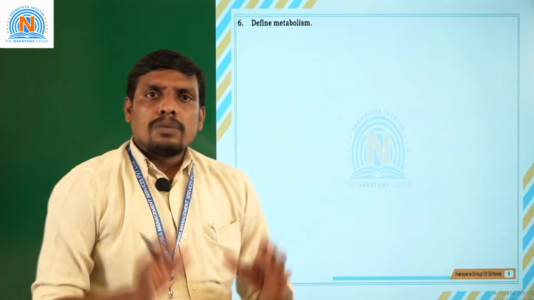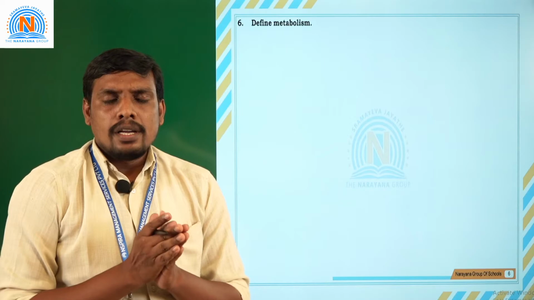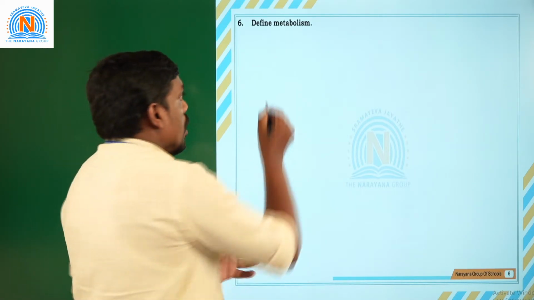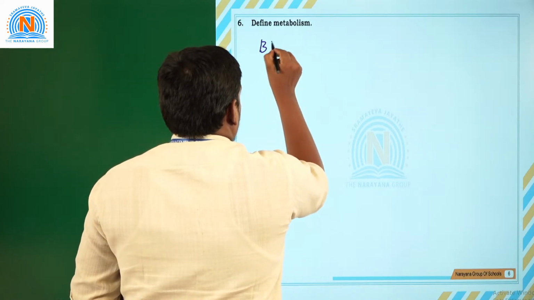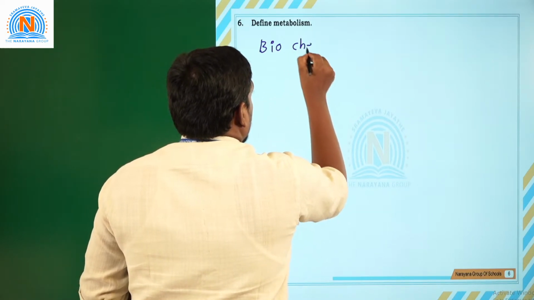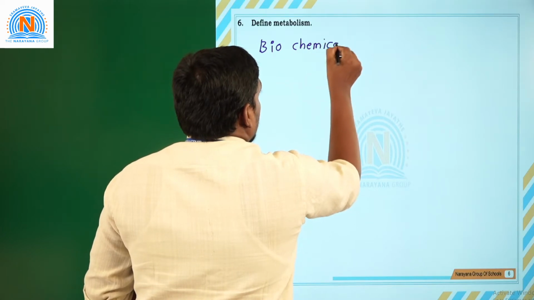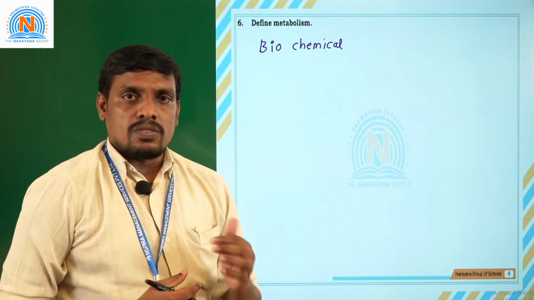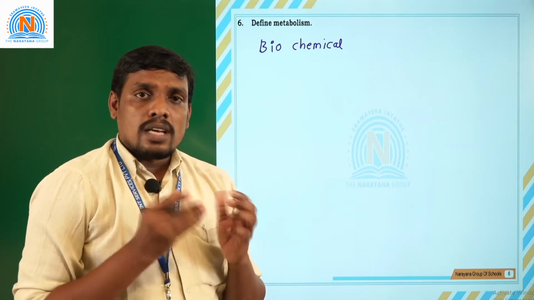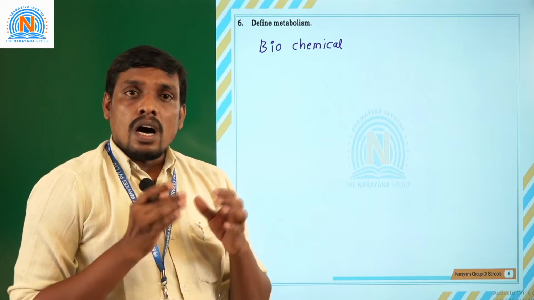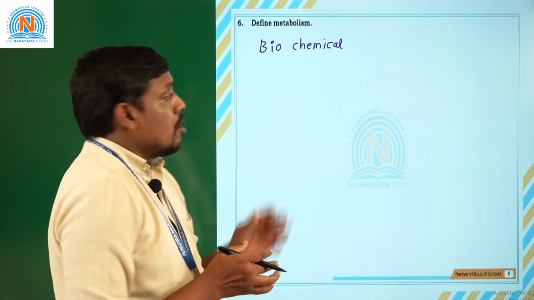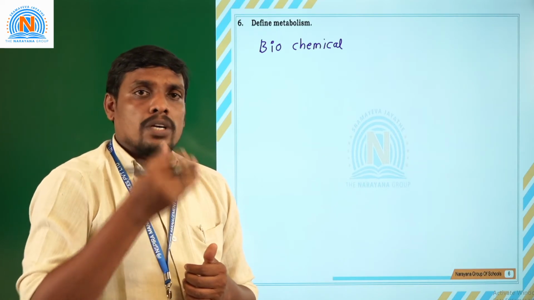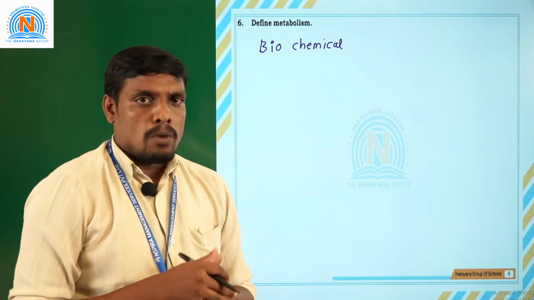Moving on to the next question. Define metabolism. What do you mean by metabolism? All the biological activities are biochemical reactions. The biochemical reactions, such as anabolic reactions and catabolic reactions, which means constructive reactions and breakdown reactions, occur in the cell as metabolic reactions, by a biochemical process called metabolism.